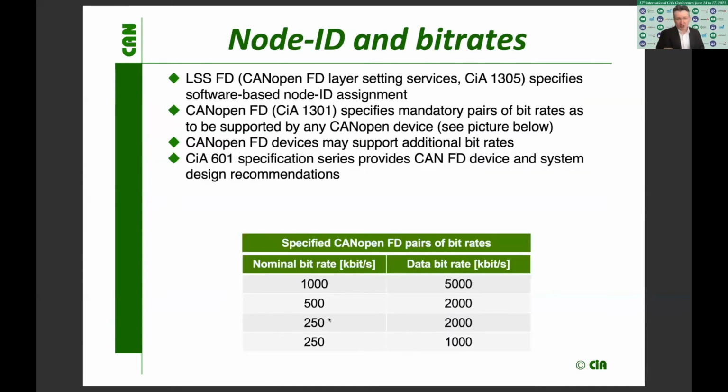Additionally, in contrast to people here with a different background who are doing their own CAN application, CAN FD, or CAN XL application layer, we have this CANopen standardized. CANopen FD goes also in this direction.